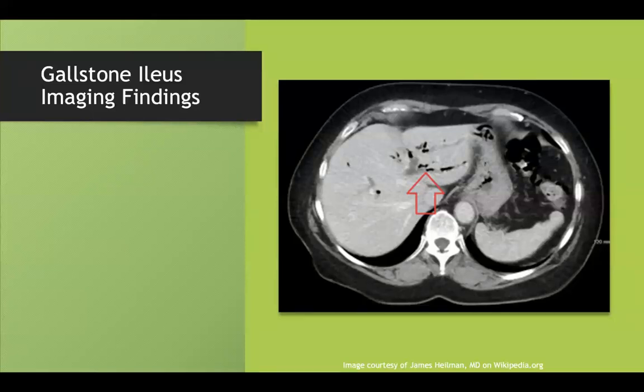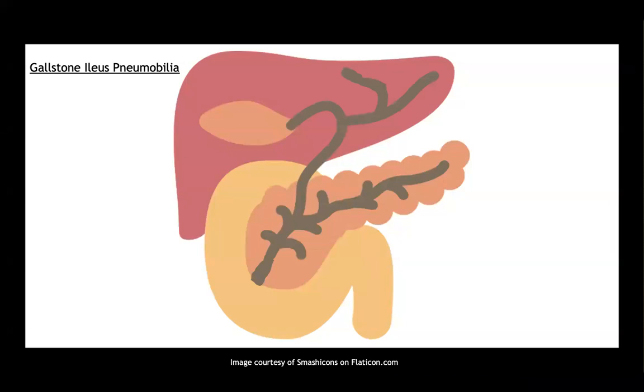And so imaging findings, they could mention that they find something in the right lower quadrant, or you palpate something in the right lower quadrant, but more often than not, they like to test you on the concept of pneumobilia. So pneumobilia is air in the biliary tree, and that's unusual. Normally you can have air in your GI tract, that's fine.